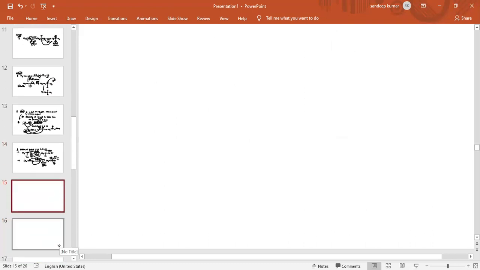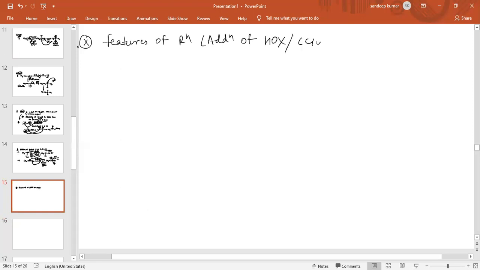Now see the mechanism for this reaction. Instead of the mechanism, write the features of this reaction. What are the features of the addition of HOX in presence of CCl4?